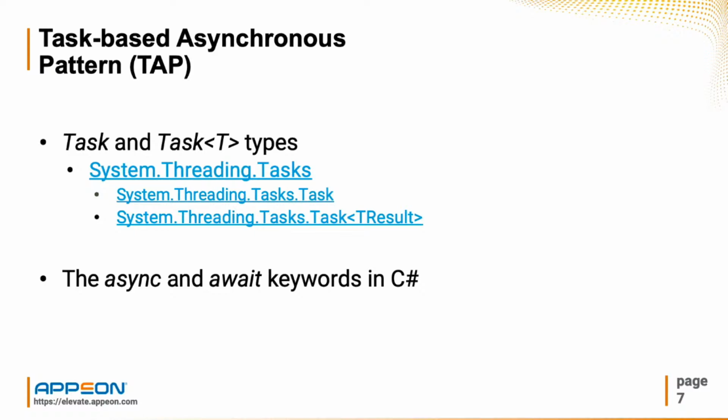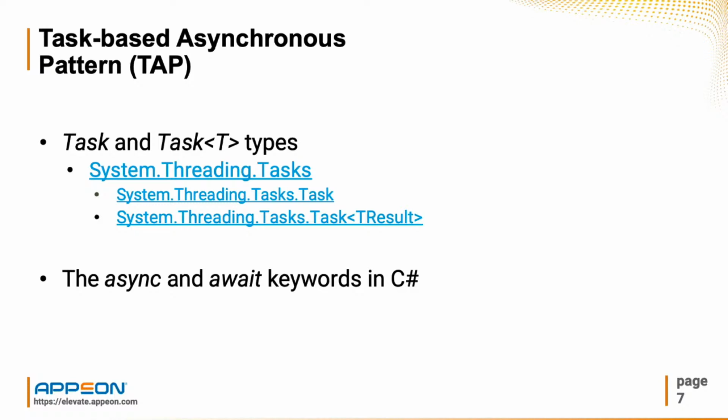Let's now talk about the task-based asynchronous pattern, or TAP. It is based on the System.Threading.Tasks.Task and System.Threading.Tasks.Task<TResult> types and the System.Threading.Tasks namespace, which are used to represent arbitrary asynchronous operations.